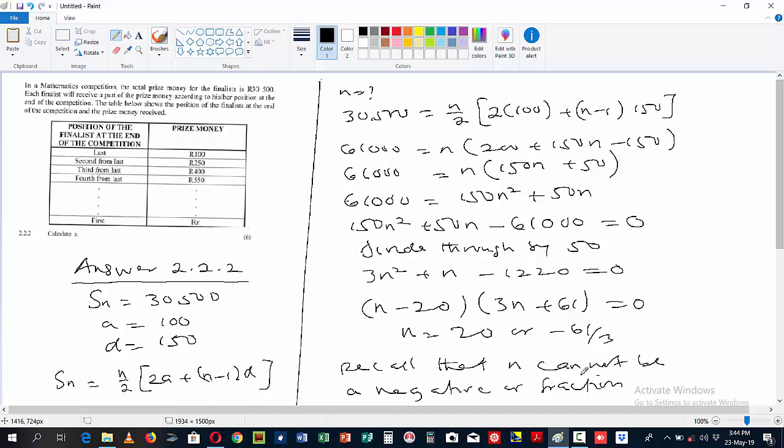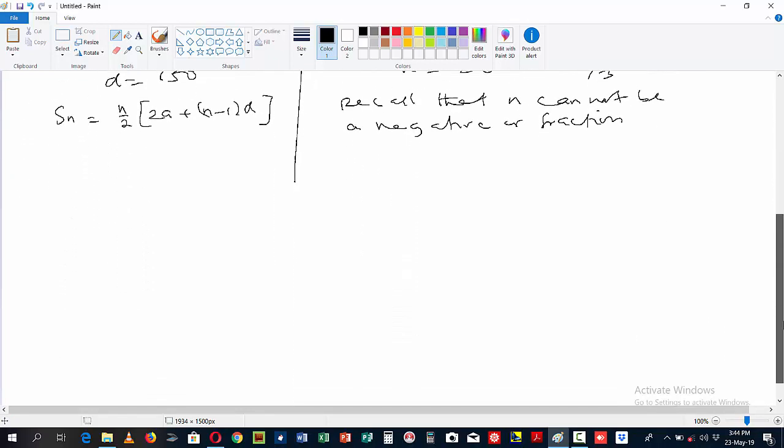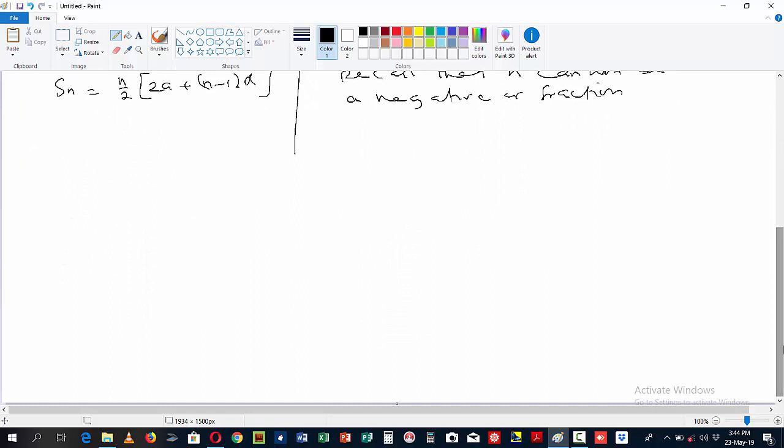So we need to decide what is going to be the value for n. From the options we have, n is equal to 20, or n is equal to negative 61 over 3. So therefore, we can conclude that n is equal to 20.